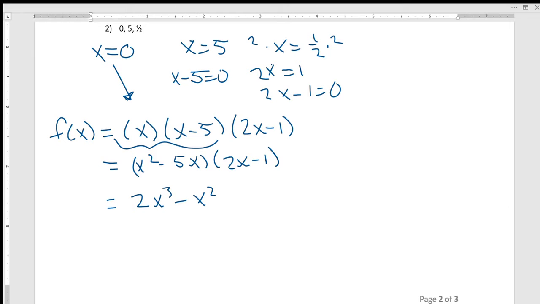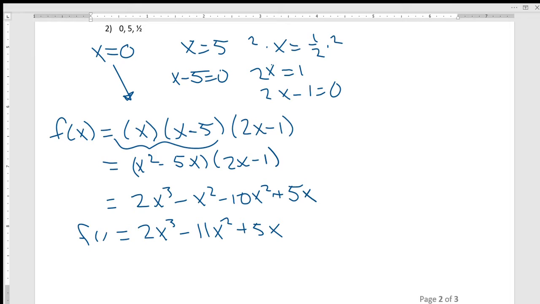Negative 5x times positive 2x is negative 10x squared, and negative 5x times negative 1 is positive 5x. Combining our like terms, we have 2x to the third minus 11x squared plus 5x, and that's our function.